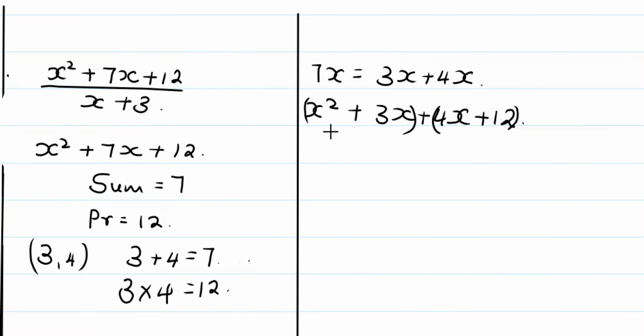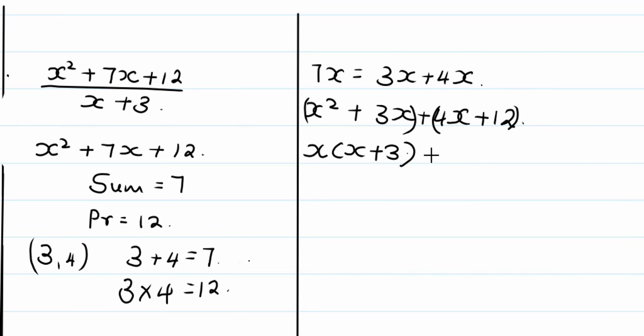And then from there, I can factor out any of these values which is common. Like in this case, x is common here. Here we have x squared, so x is common, and then we have x here, so it's common, so I can take it out. And then I have x inside the bracket, so x multiplied by x will be x squared, then plus 3, because 3 multiplied by x will be 3x.